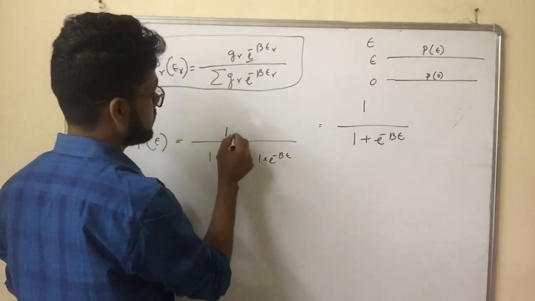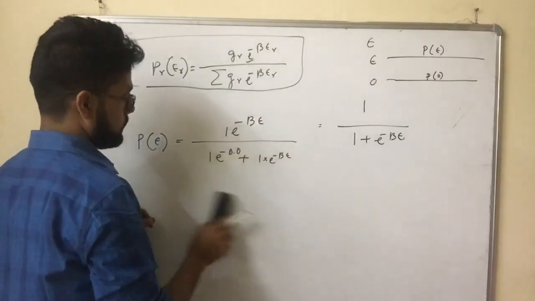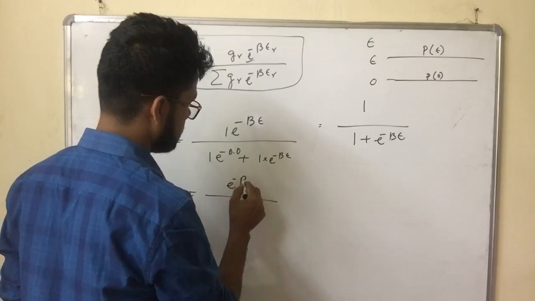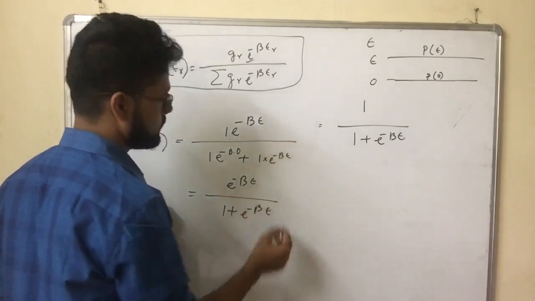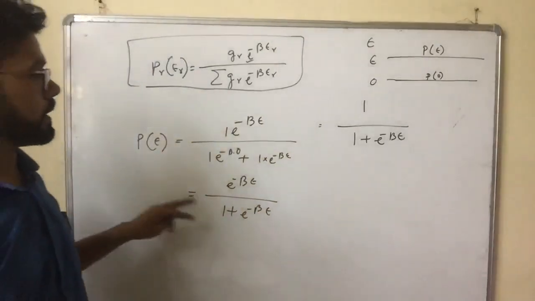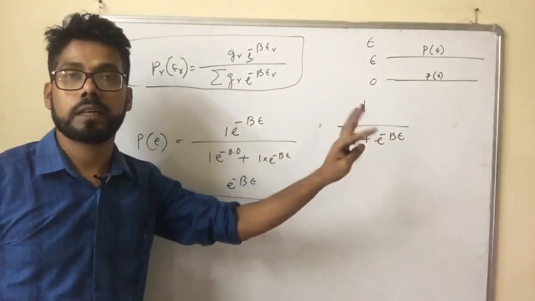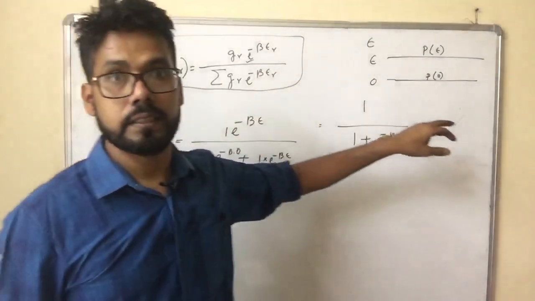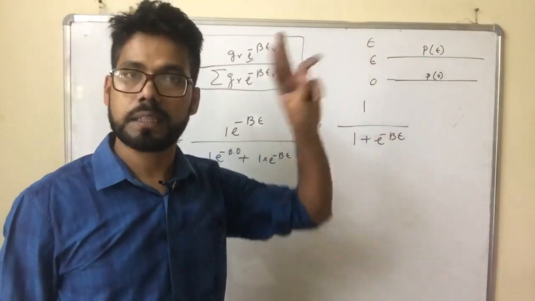So 1 into e to the power minus beta e. So it will be e to the power minus beta e over 1 plus e to the power minus beta e. This is the probability of finding the particle in the excited state. Now, suppose you want to verify whether your answer is correct or wrong. The total probability of finding the particle here and here must be equal to 1.